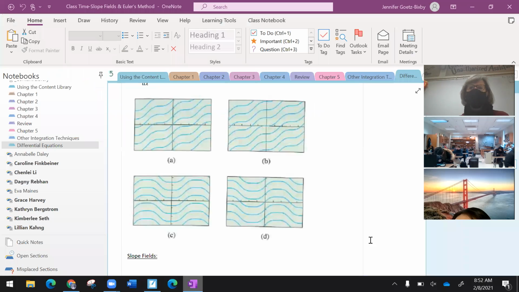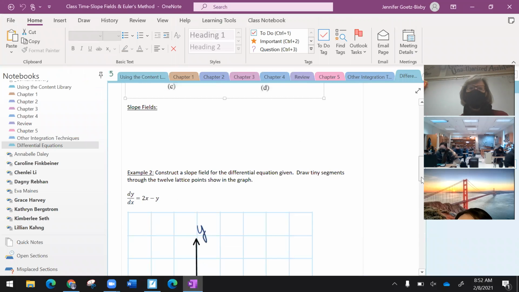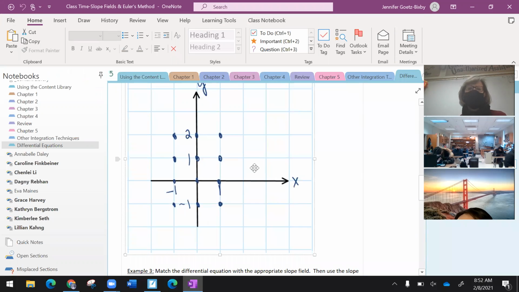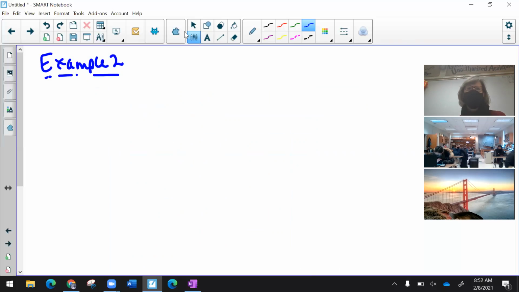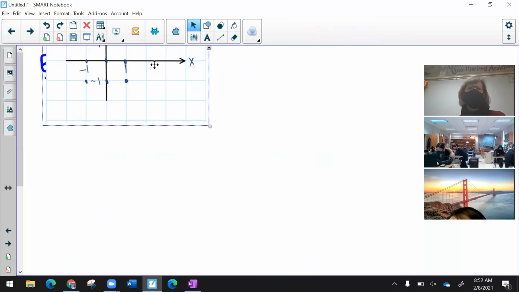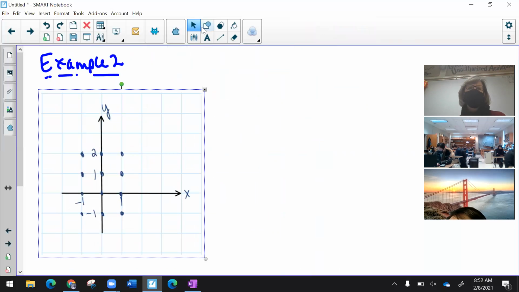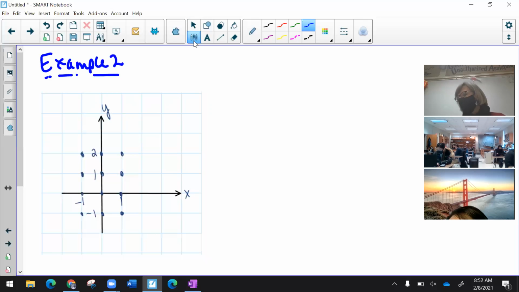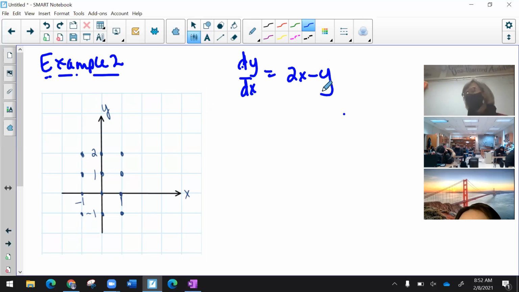So again, the problem says construct a slope field for the differential equation. Our differential equation is dy/dx equals 2x minus y.